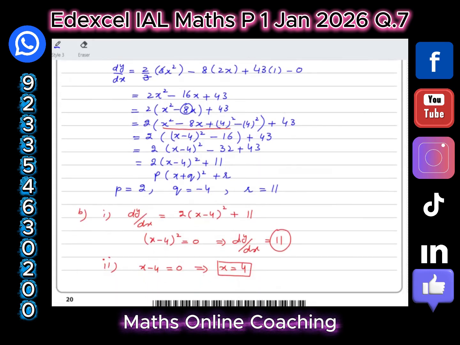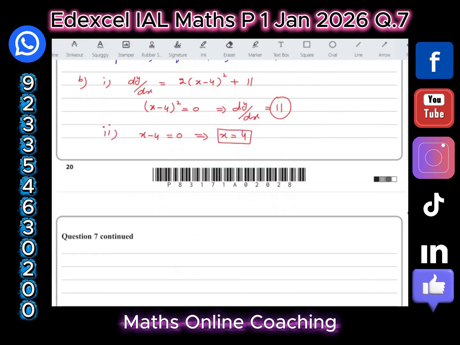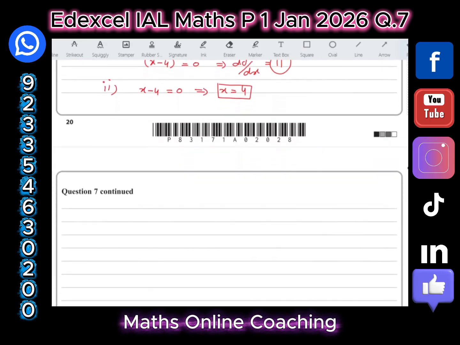So for the point S, the value of x will be 4, as it is the point where the gradient is minimum, and this point has abscissa 4. x is equal to 4. To find the value of y for S, we have to put it in the given equation for y.